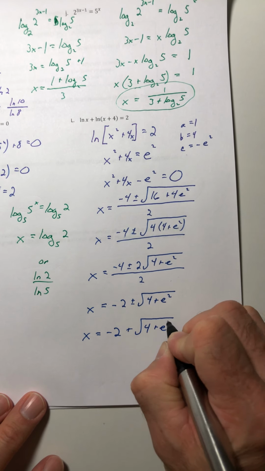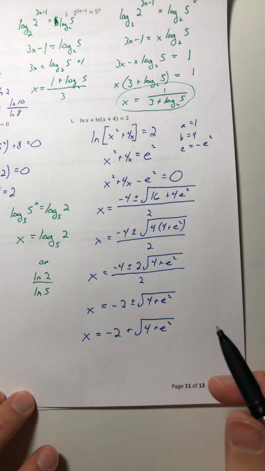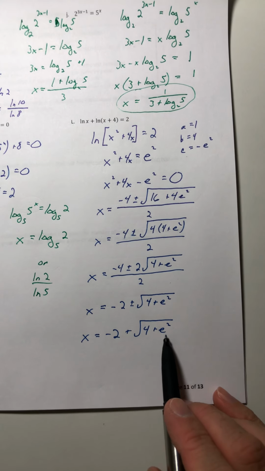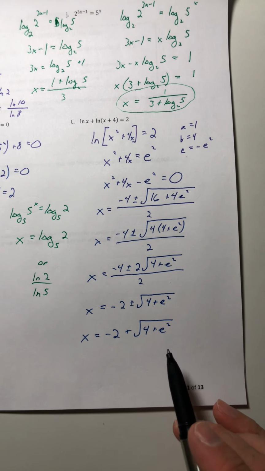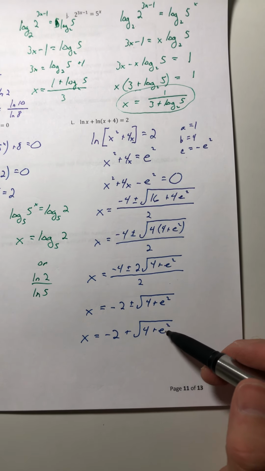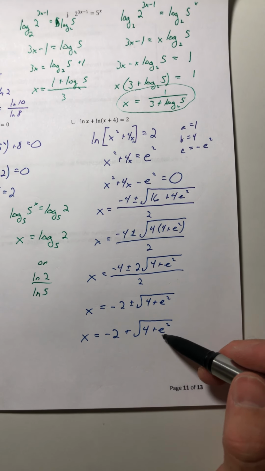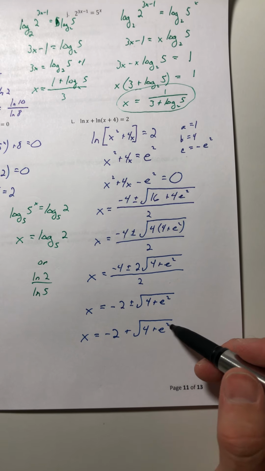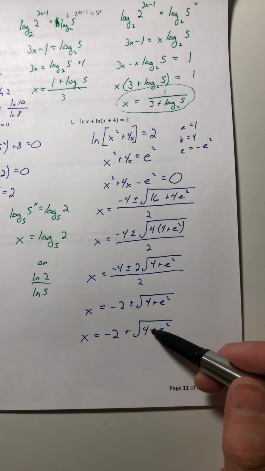So again, how do you know what kind of a number this is without using a calculator? Well, you kind of have to reason your way through it. So e is 2.7. So that's a little bit smaller than 3. So if I squared it, it's going to be somewhere around like 7 or 8. So let's just say 7 just to be safe. 7 plus 4 is 11.